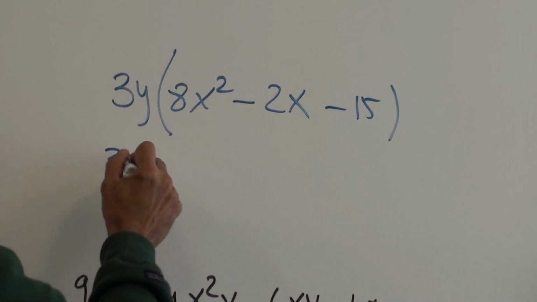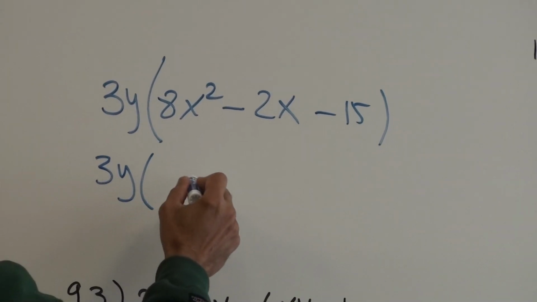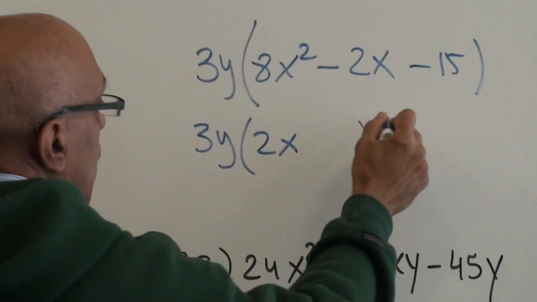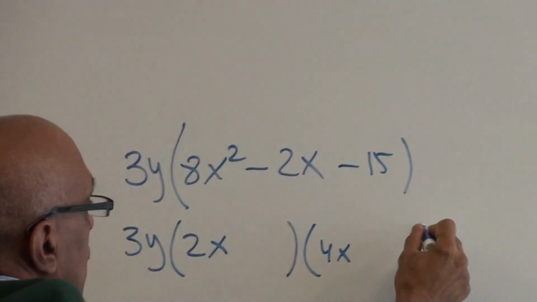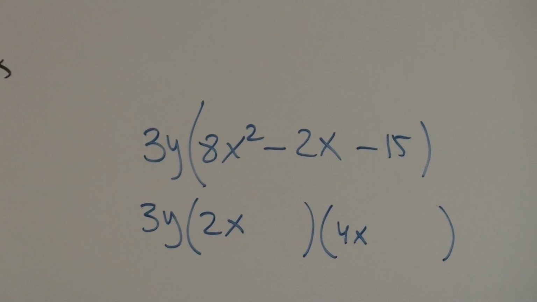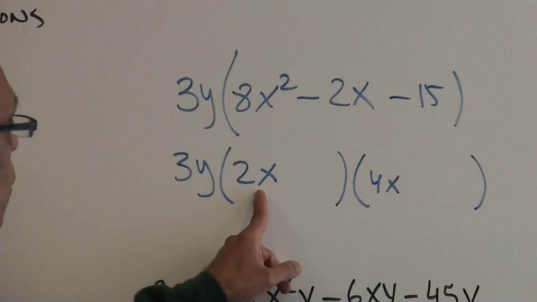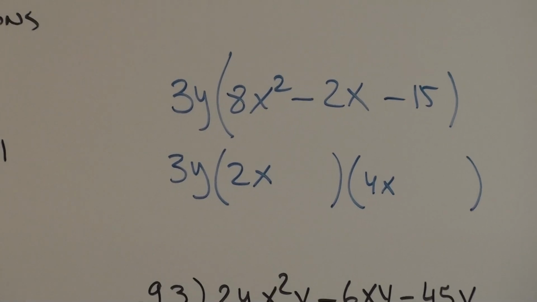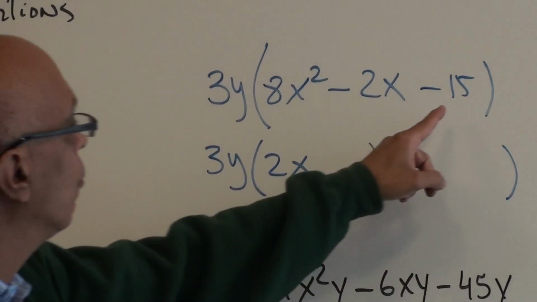So now let's see, can I factor these? Again, we're going to have 3y here, and then maybe 2x on this side, and 4x on that side. Let's see, 2 and 4 is 8. That's one possibility. Now, I know 15.